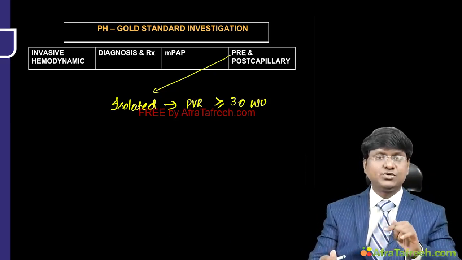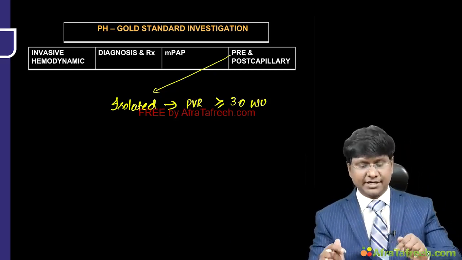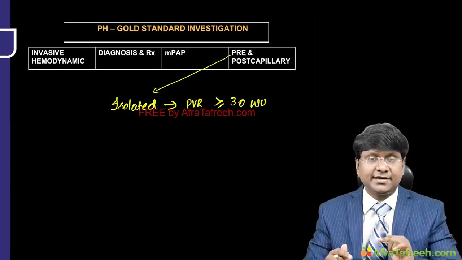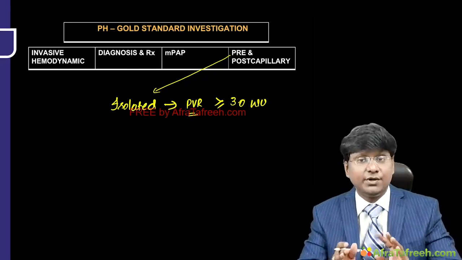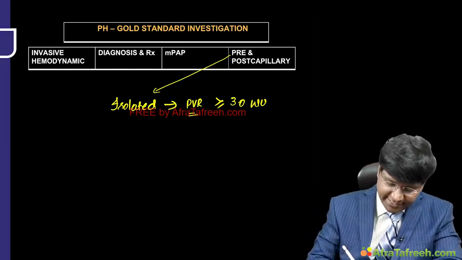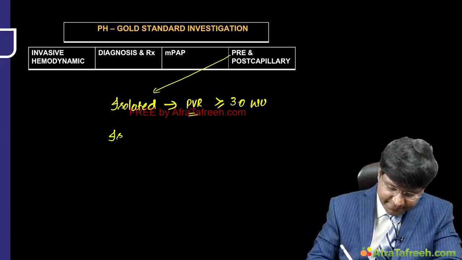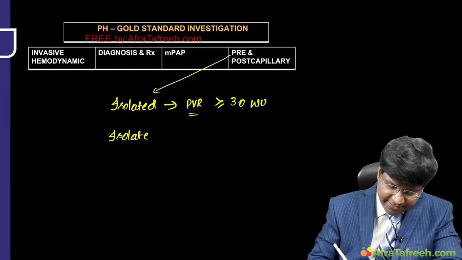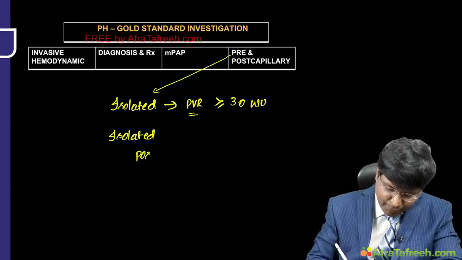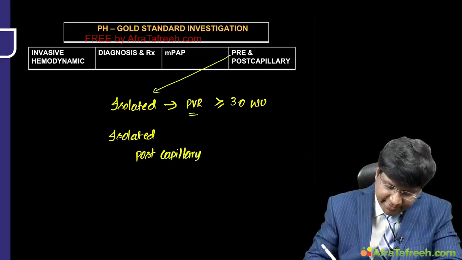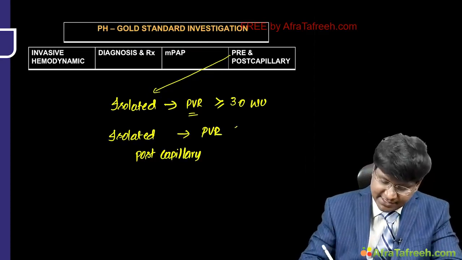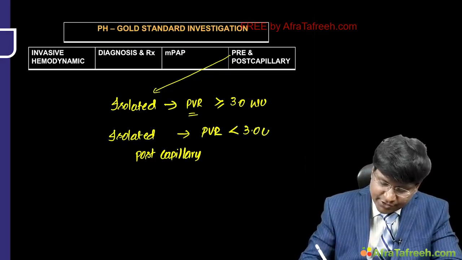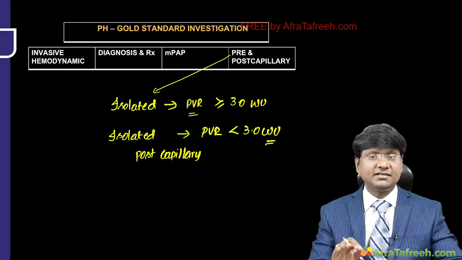Whereas in isolated post-capillary pulmonary hypertension, the right heart catheterization shows the pulmonary vascular resistance as less than 3 Wood units.